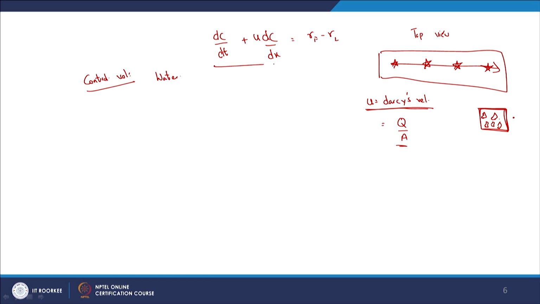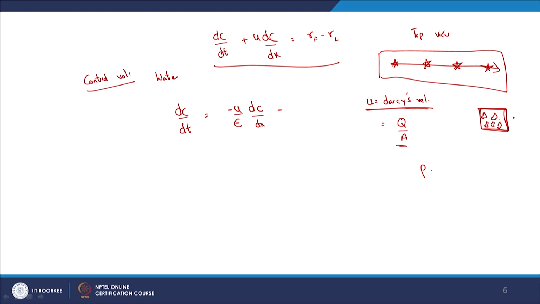Again, this is the generic equation, but to apply it to our particular case and transform it, what do I have? I have dC by dt is equal to minus u by epsilon, which will be the seepage velocity, times dC by dx, and also minus, I need to consider the case when the soil is desorbed.